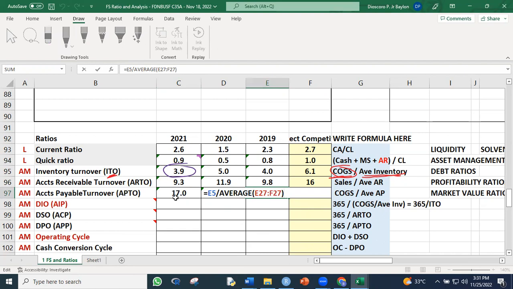It means that it's 17 times. So this is the number of times a company buys from their supplier and then pays, from the buying of the raw material or the goods up to paying the supplier. It takes the company around 17 times per year.